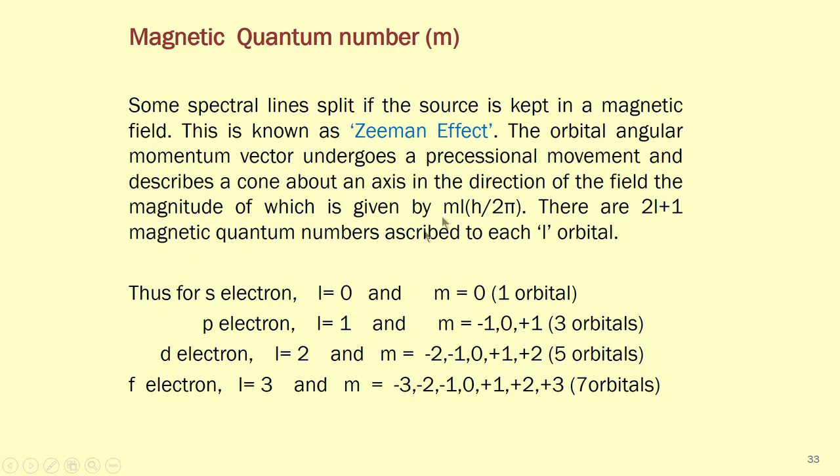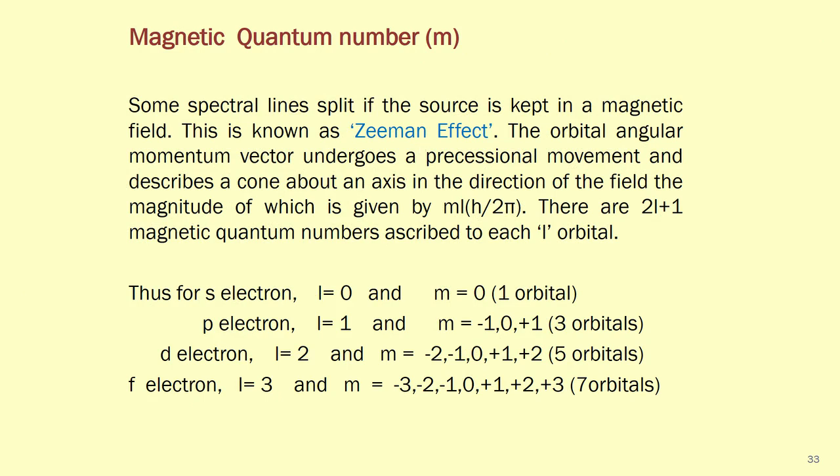So, if without a magnetic field there is only one spectral line, in the presence of a magnetic field there will be two spectral lines.